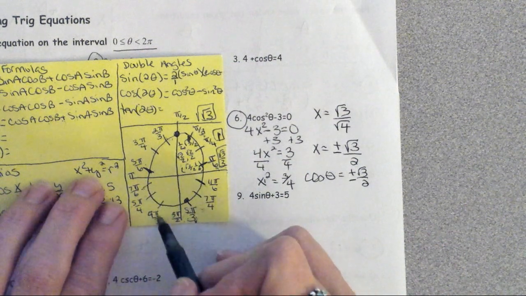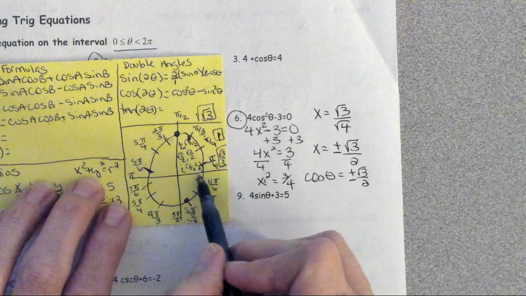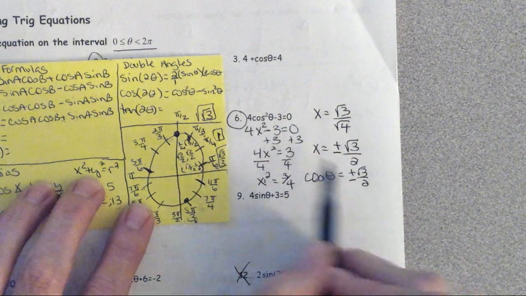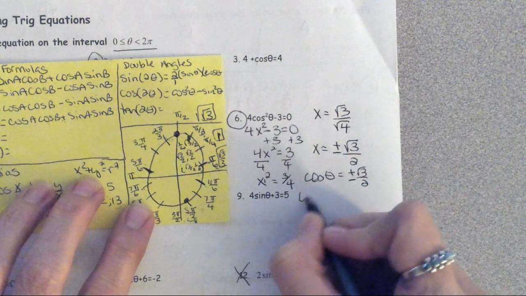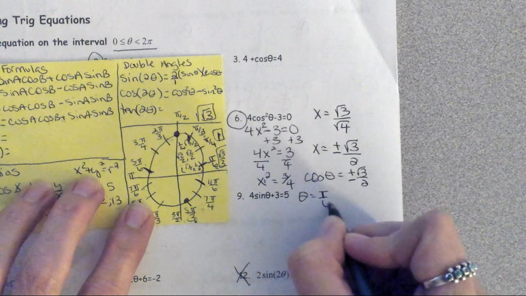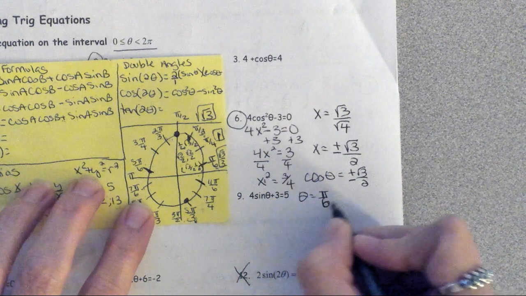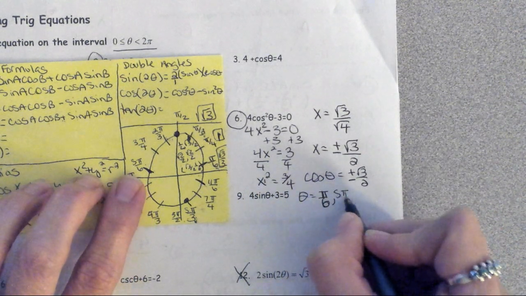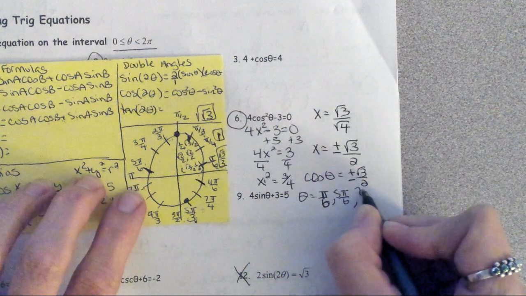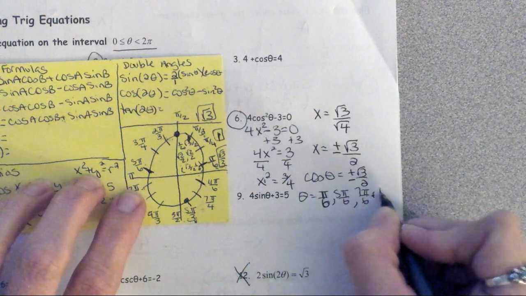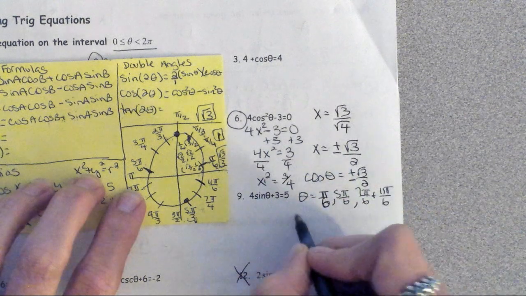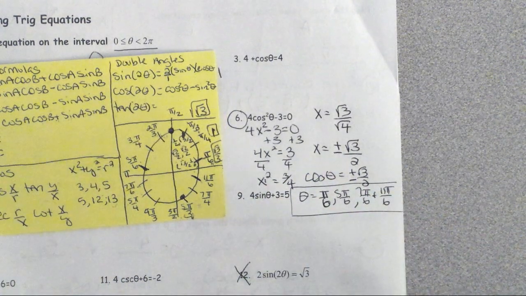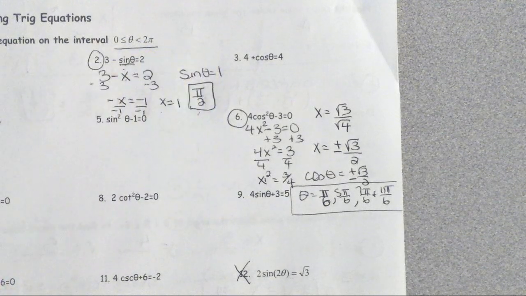So all the over 6's are going to give me all the root 3 over 2's. And because I want the positives and the negatives, I want all of them. So this is going to have 4 answers. So at pi over 6, 5 pi over 6, 7 pi over 6, and 11 pi over 6, because it happened 4 times.